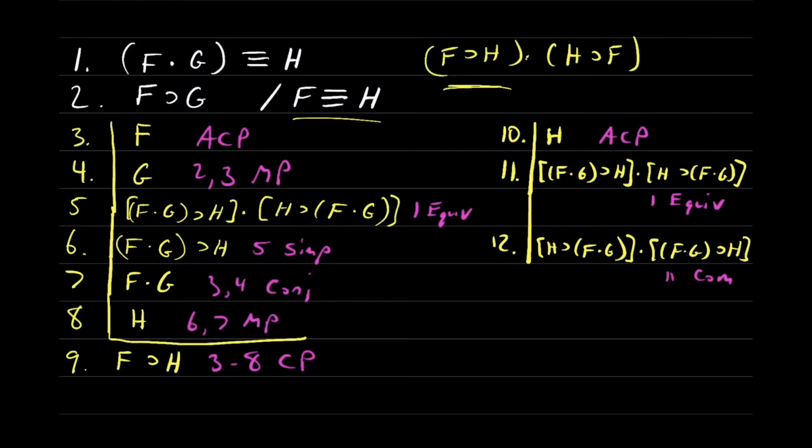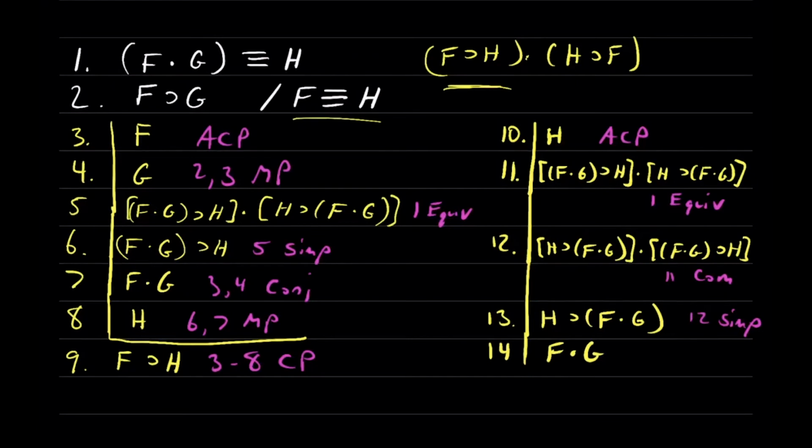Okay. Line 13 now, I'm going to simplify to get H implies F and G. Line 12 by simplification. I have H, so I can get F and G now by modus ponens between lines 10 and 13.